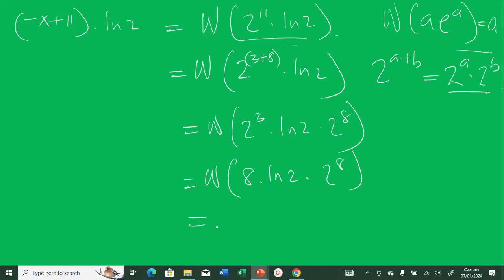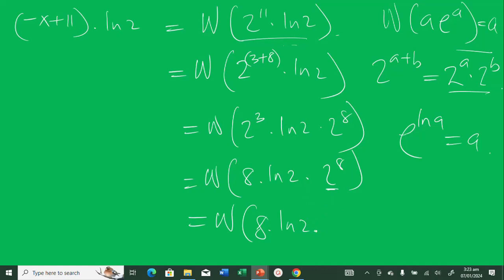Now, you have W equal to 8 times natural log 2. Now, this expression, based on what I've explained so far, we can change using the fact that e to the power natural log a is equal to a. So now we're going to change these two into that form.